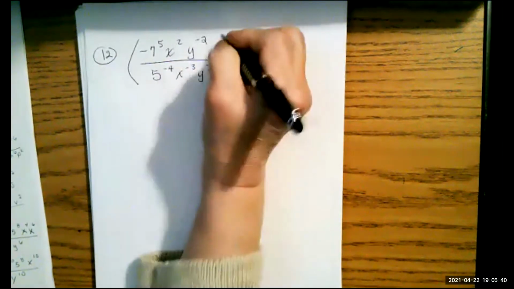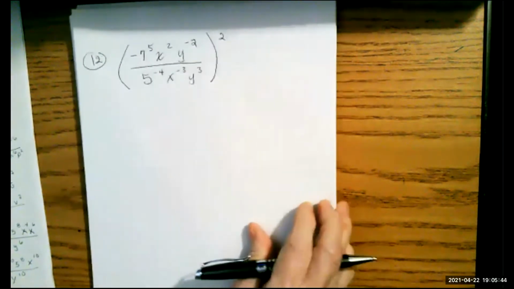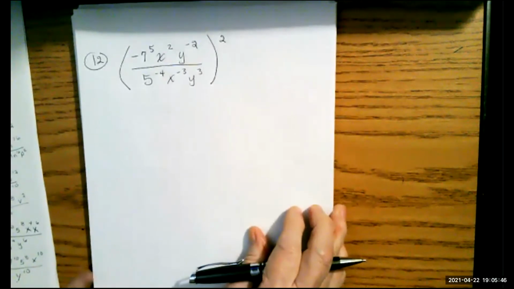We have negative 7 to the 5th, x to the 2nd, y to the negative 2, over 5 to the negative 4, x to the negative 3, y to the 3rd. I think that reason is because they've tested you on this already, if you were in a class earlier, like a developmental class.